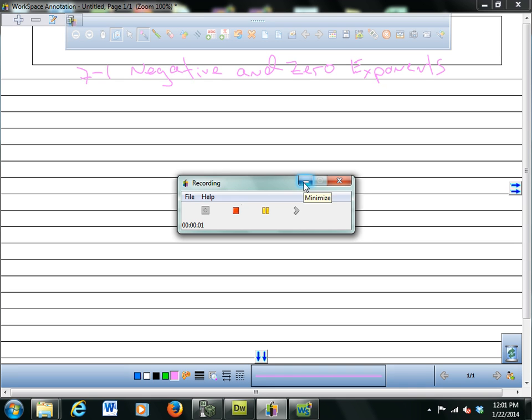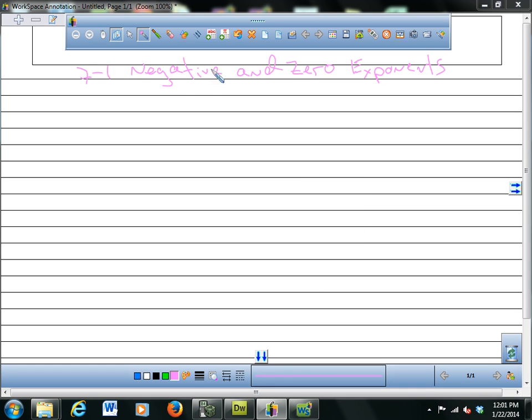Section 7-2, and it's talking about negative and zero exponents. When you have a number like 3 to the 5th power, or sometimes they'll write a to the b power, this thing is called the base, the bottom number, and this thing up here is called the exponent.